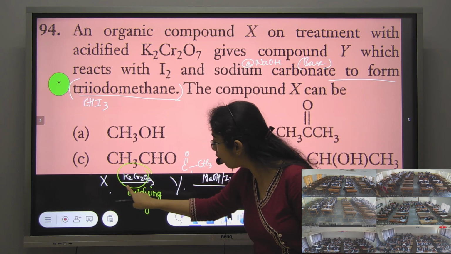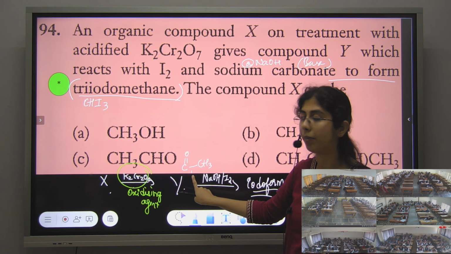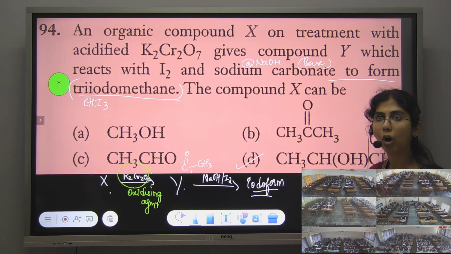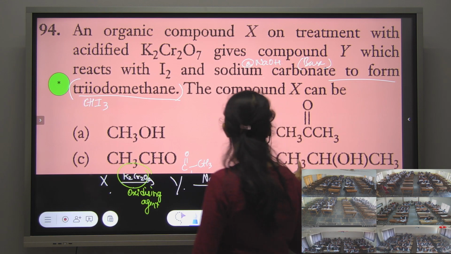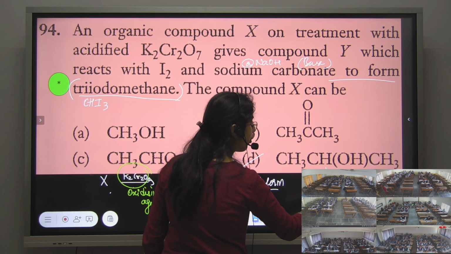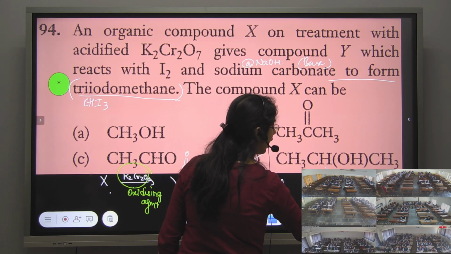Because X on oxidation gives this one. What can we take? Option D is correct. If I take option D as X, what will you do?